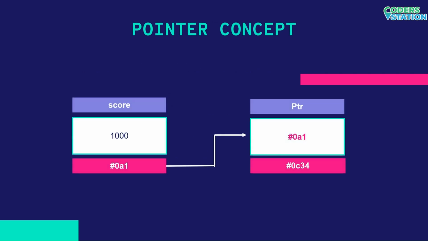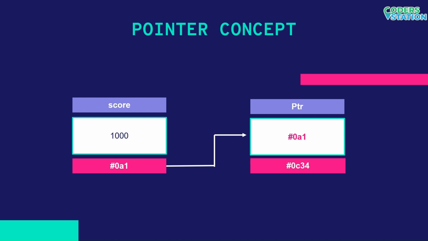For example, you have two variables. The first is score and the second is ptr, that is a pointer variable. In the first variable, score, the value we assigned is 1000 and the address of score is 0a1.